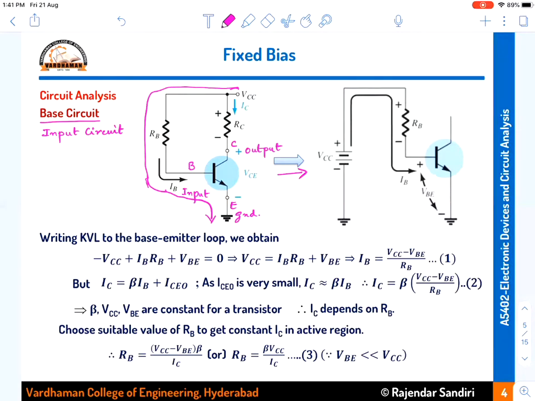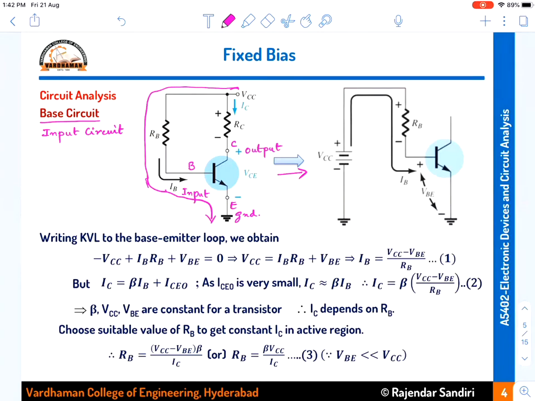Base and emitter have a junction called the base emitter junction with a voltage VBE, and the emitter is connected to the ground. So this pink line which I have drawn shows the path of the input circuit or base circuit, and that circuit is redrawn here separately.